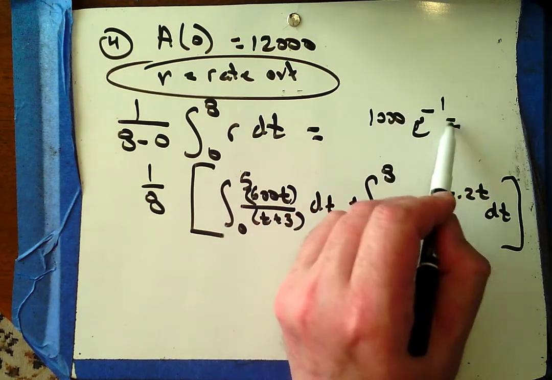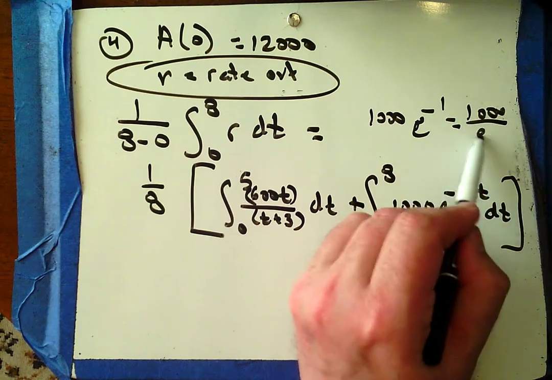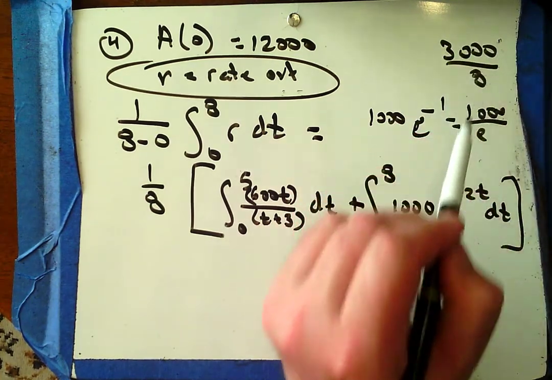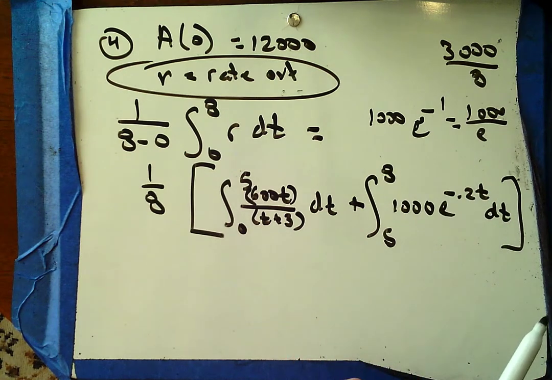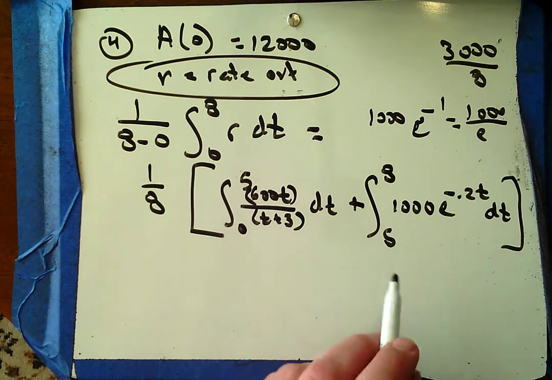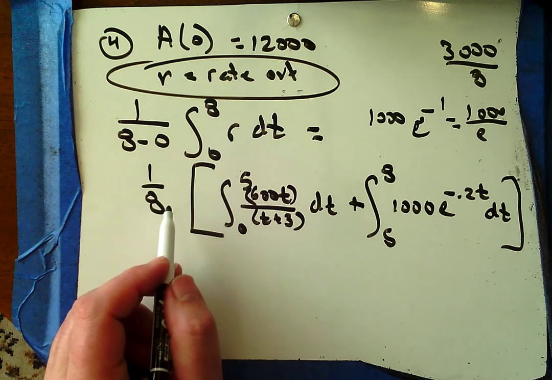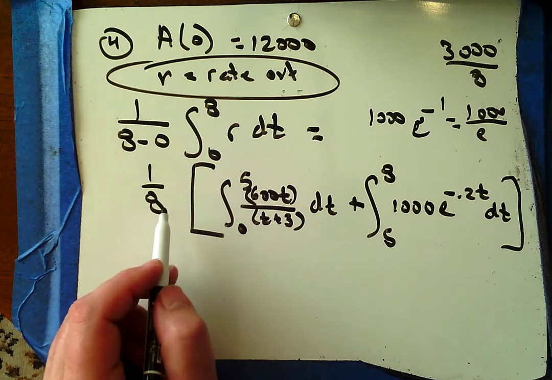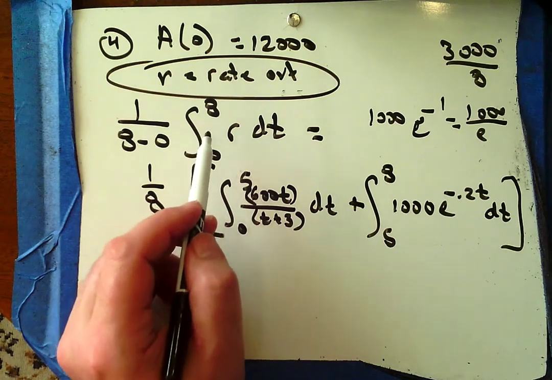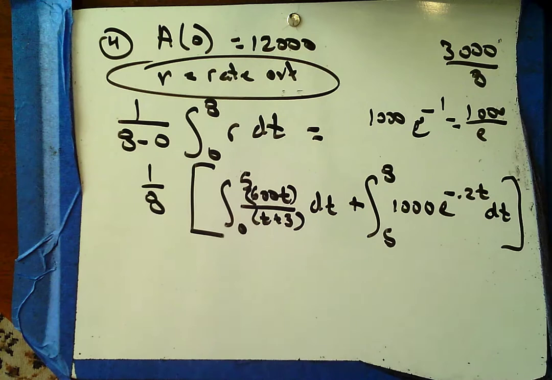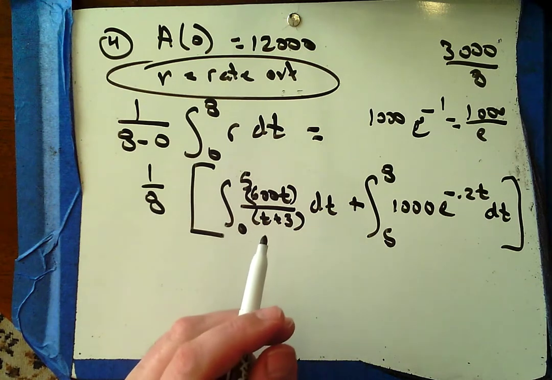Oh, and that last problem, 5 times 0.2 is going to be negative, so e to the negative 1. 1000 e to the negative 1, or 1000 over e. Was that equal to 3000 over 8? And the answer was no. Okay, so this is my setup. I'm going to get a point for this setup, so I want to show this setup. This would not be sufficient because they want to see me understanding that I'm dealing with a piecewise function here.